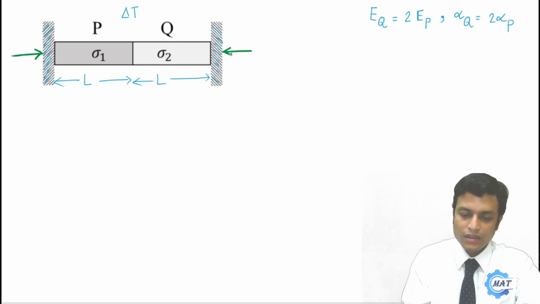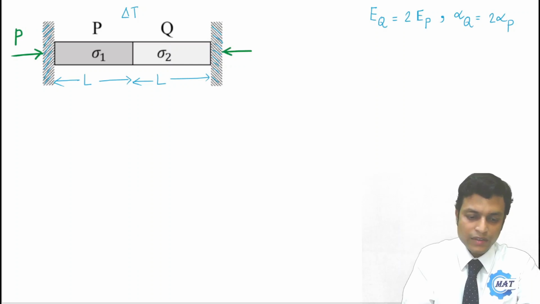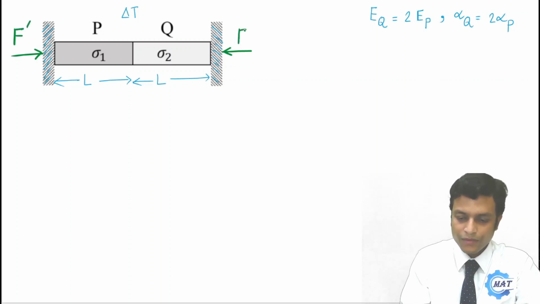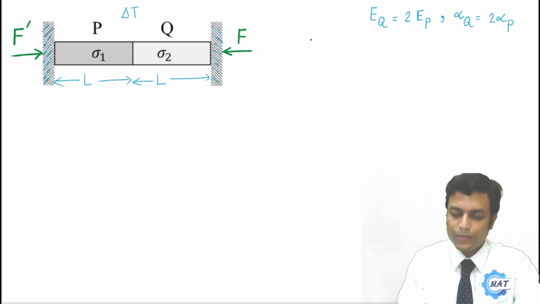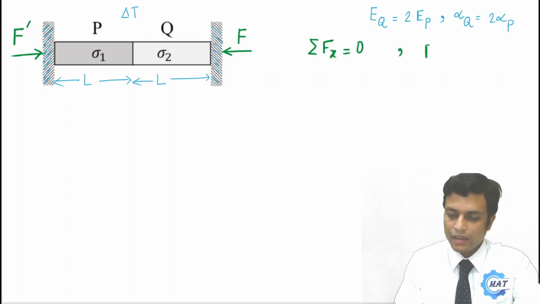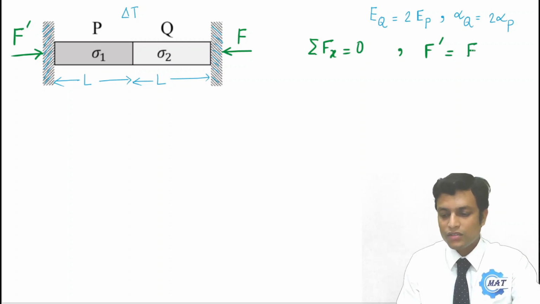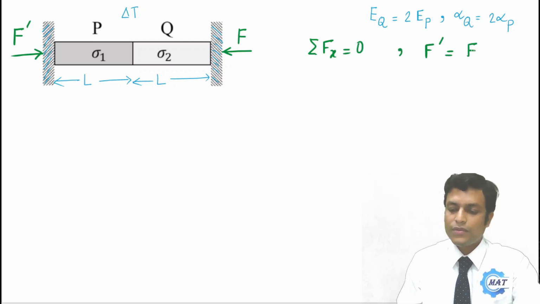Let us consider compressive forces at the ends. Since P is already used, we use a different notation, say F, F prime and F. Now if we apply the equation of statics at equilibrium, sum of Fx equal to 0, we get F prime equal to F. But this equation is not able to give the value of F because there are two unknowns and one equation.